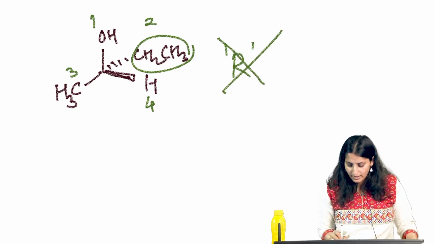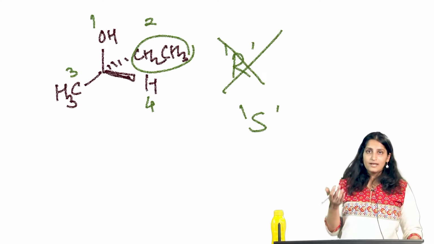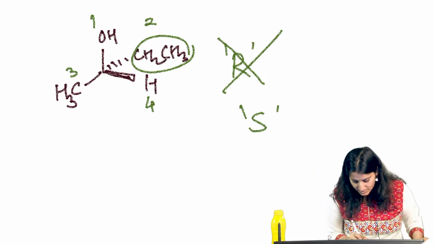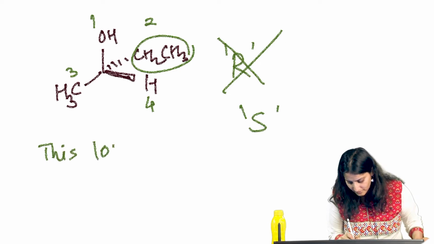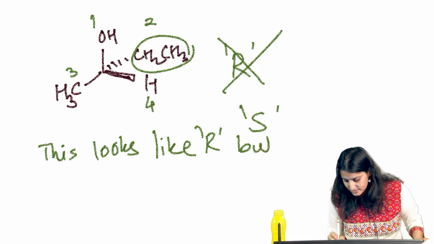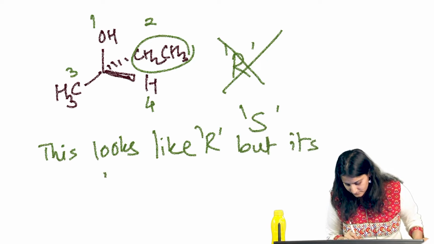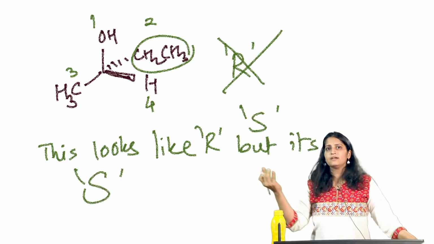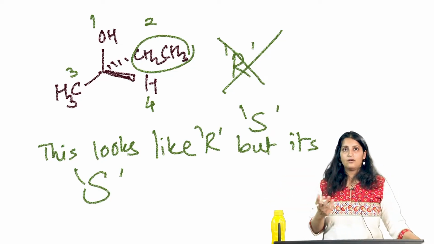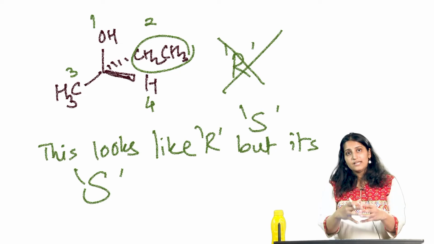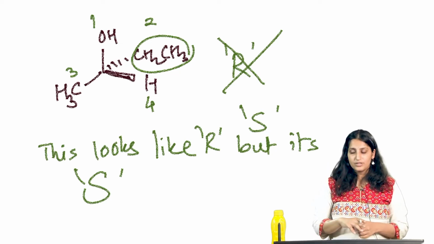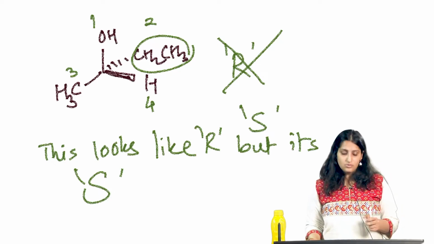So it is not R, it is S. Whenever I see a least priority group coming towards me, what I think is this looks like R, but it is S, or vice versa. If you get an answer of S, then the real stereo center is really R. So whenever the least priority group is coming towards you, just switch the answer. That is what the trick is. Now, let us go to the next one.